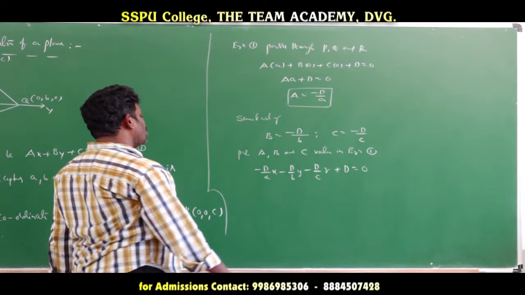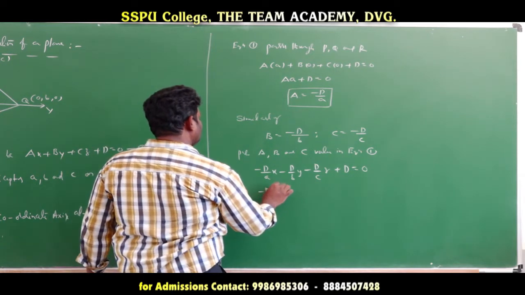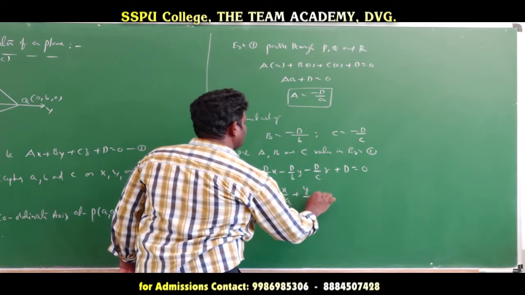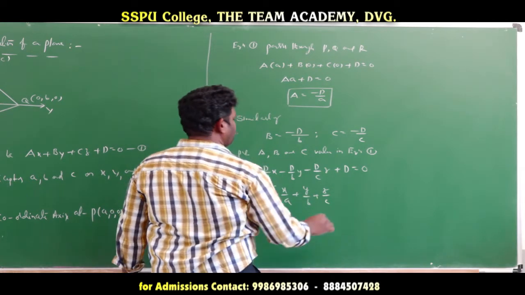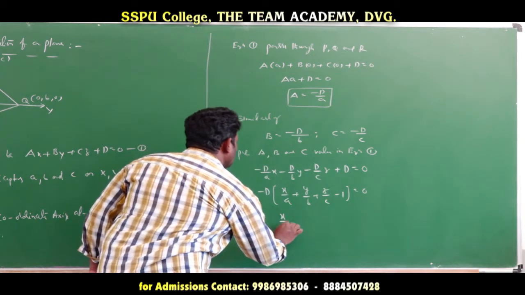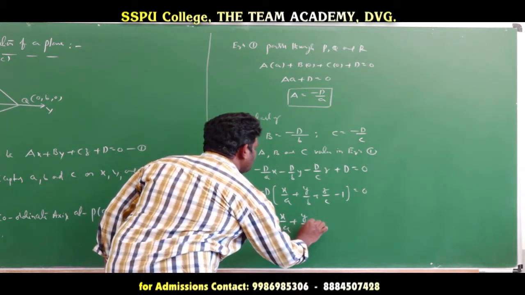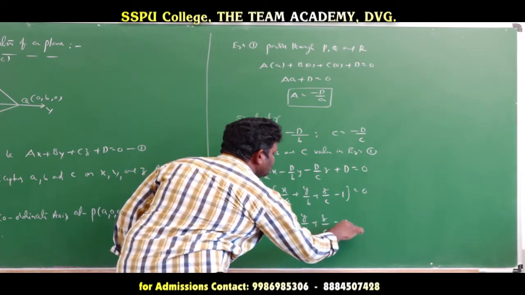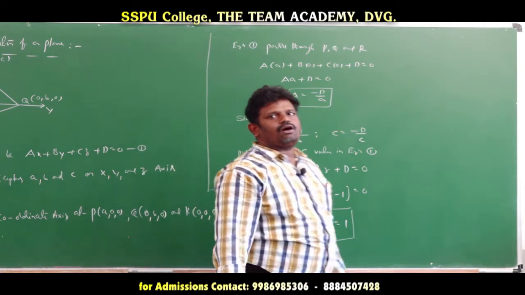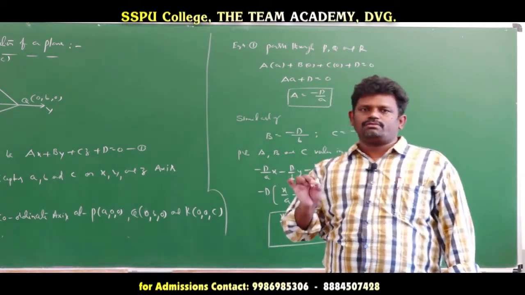Taking minus d common, we get x by a plus y by b plus z by c minus 1 is equal to 0. Taking it to the other side, x by a plus y by b plus z by c is equal to 1. Now this represents the intercept form of the plane equation. Okay?